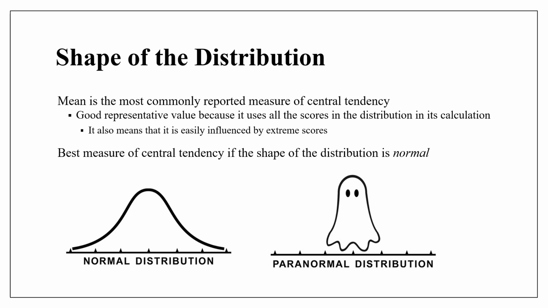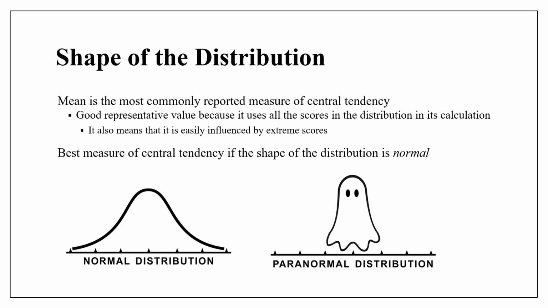But because we're using all the scores in the data set, those extreme scores are also going to be part of the calculation. And as we just saw, this is going to be very problematic because it could drastically change our mean in a way that is no longer representative of the data set itself.